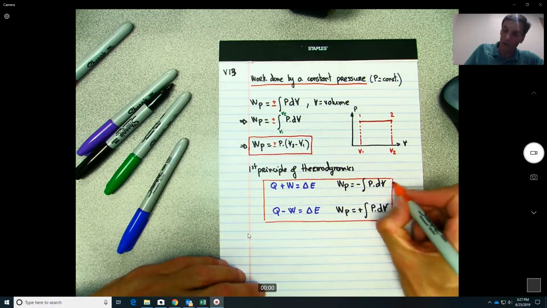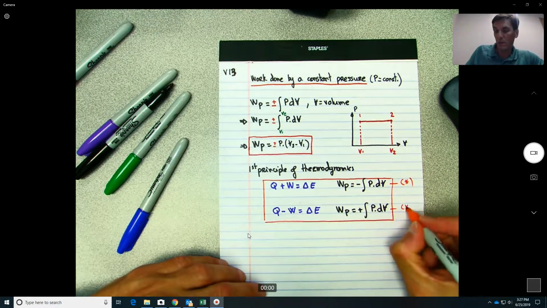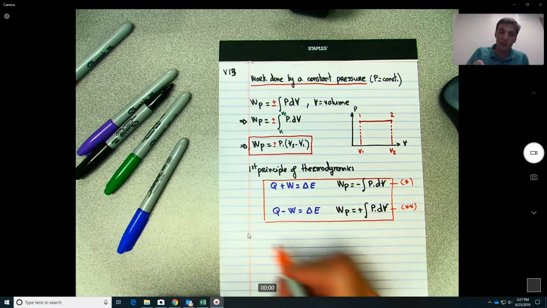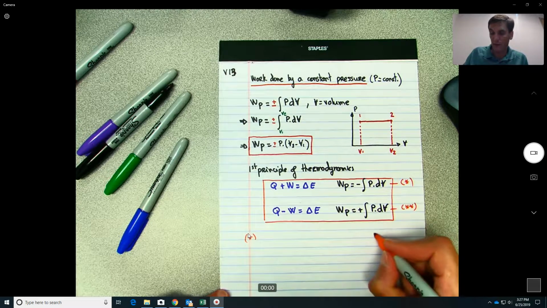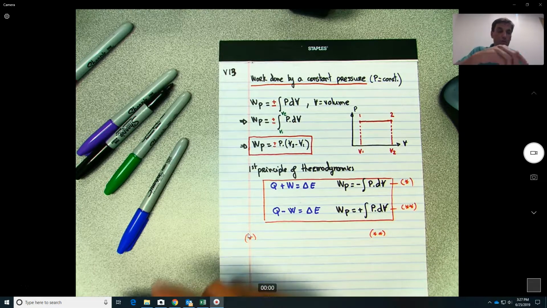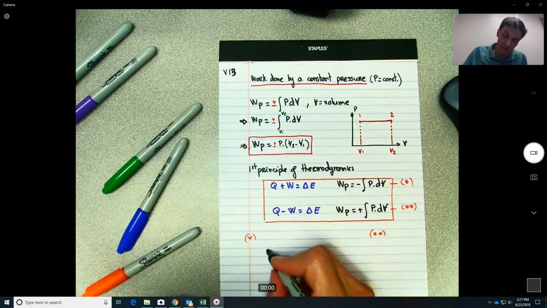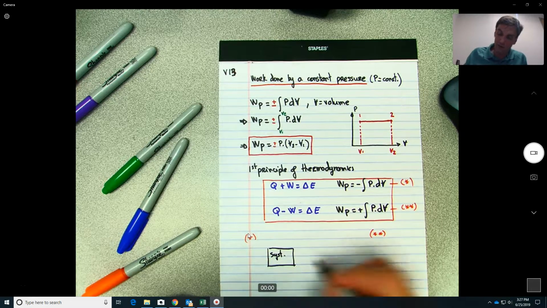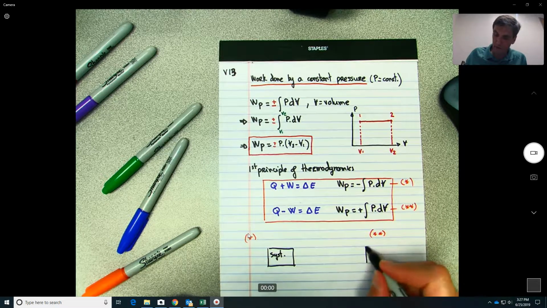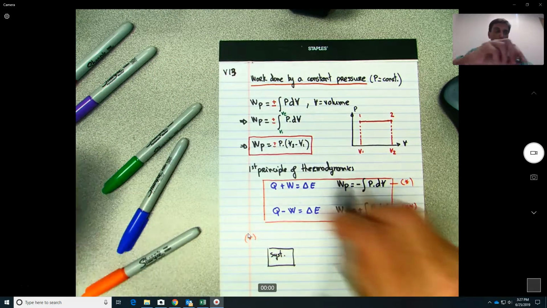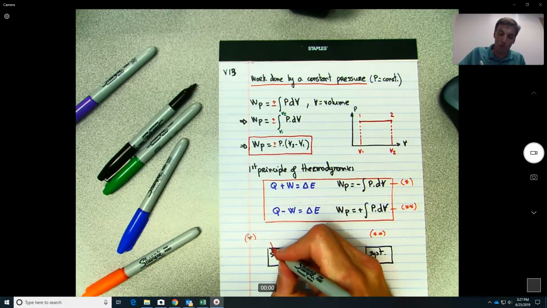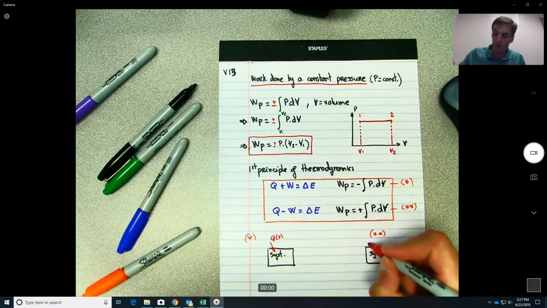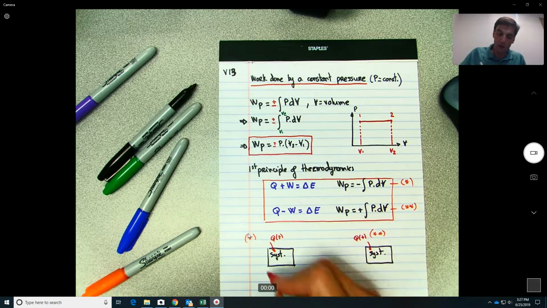Okay, so one more time, what is the difference between one and the other? The first case over here, second case over here, the only difference is that if this is your system, you see that the Q is unchanged in both equations, so Q going inside the system is positive, and Q coming out of the system will be negative.